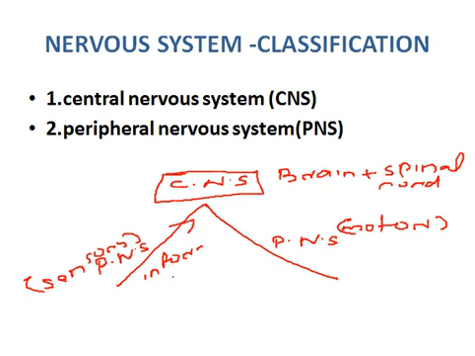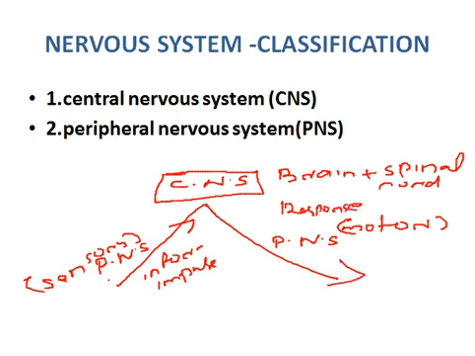So the signals will reach central nervous system, the brain and the spinal cord. Mainly the brain will process that information. They will check the information, process it, and send some response to different parts of the body.